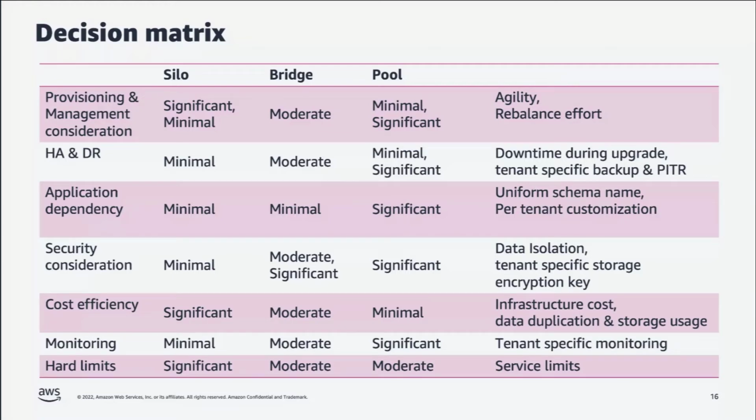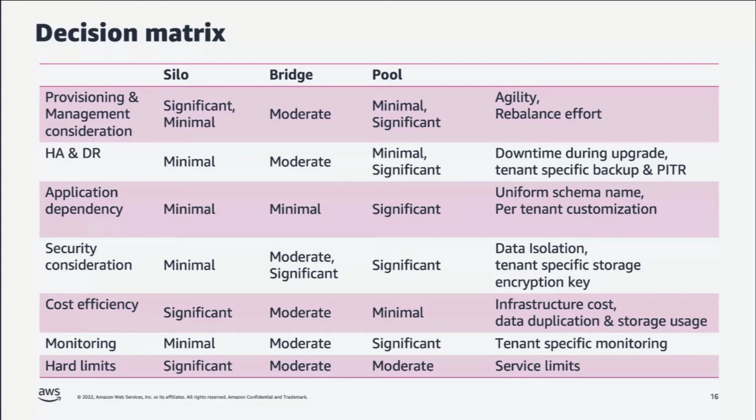With respect to cost efficiency, infrastructure cost could be very high in silo because you have a fully isolated stack from infrastructure to the database. So naturally, that would push cost a little higher, versus moderate in bridge and lowest in the pool model.